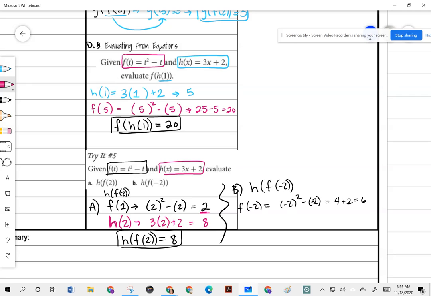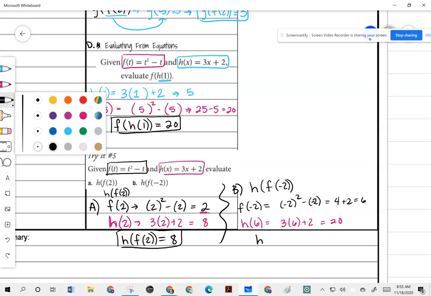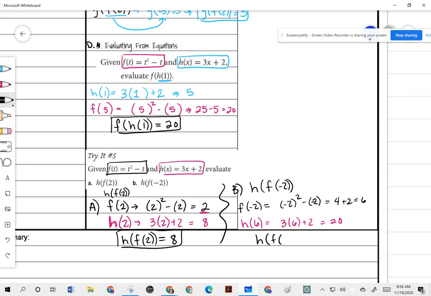And then I've got to take that 6 and use that as my input for h. So that's going to be 3 times 6 plus 2, and that's going to give me 20. So again, the proper way to write that would be h of f of negative 2 is equal to 20.